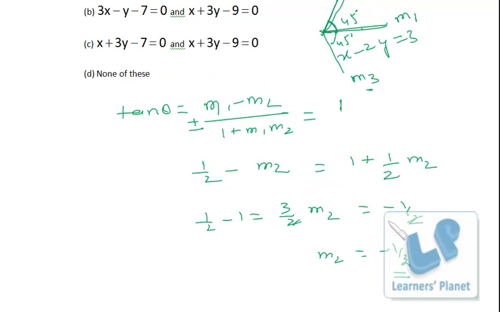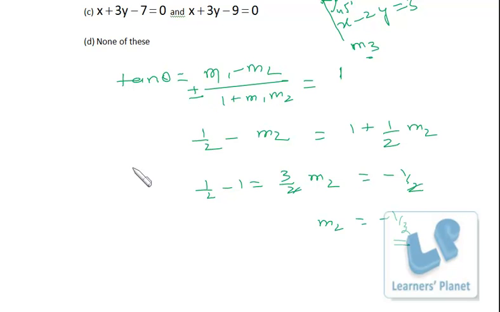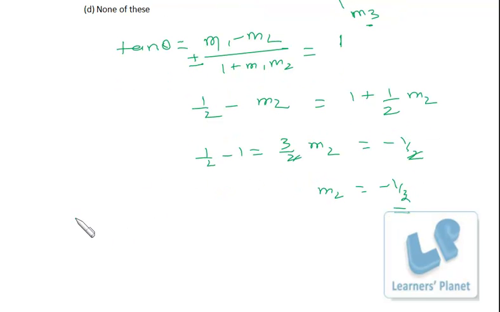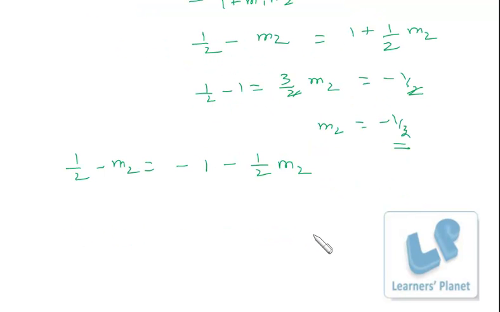So the slope of one of these lines will be -1/3, and for the other line I choose the negative sign. So m1 - m2, that is 1/2 - m2, is equal to -1 times (1 + m1 m2). So 1/2 - m2 = -1 - (1/2)m2.